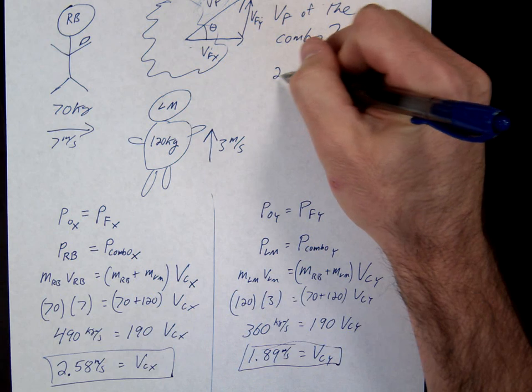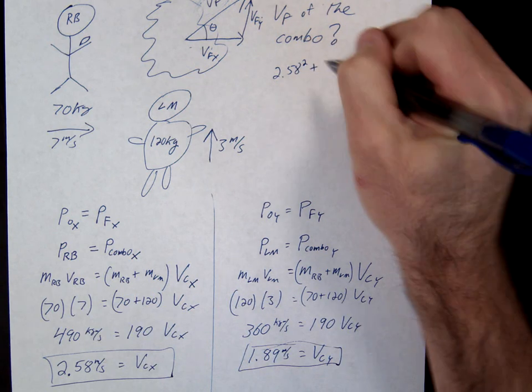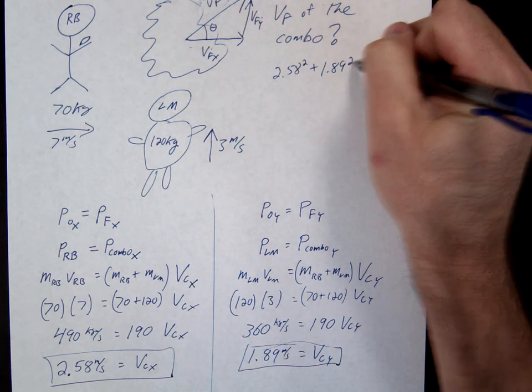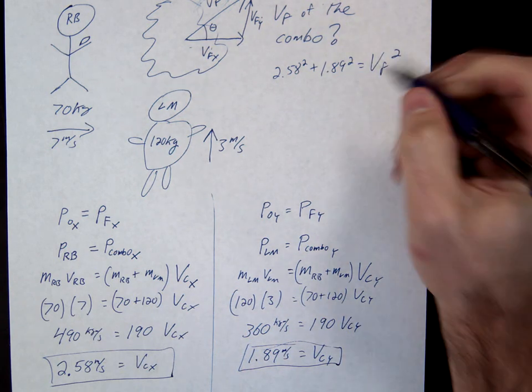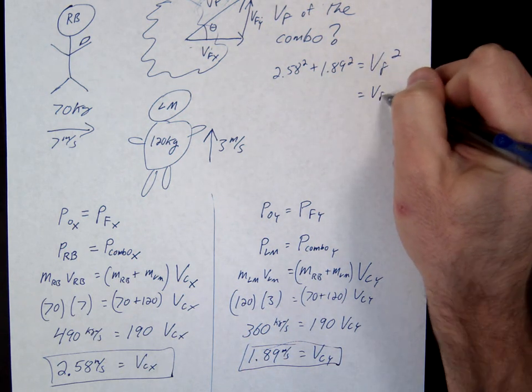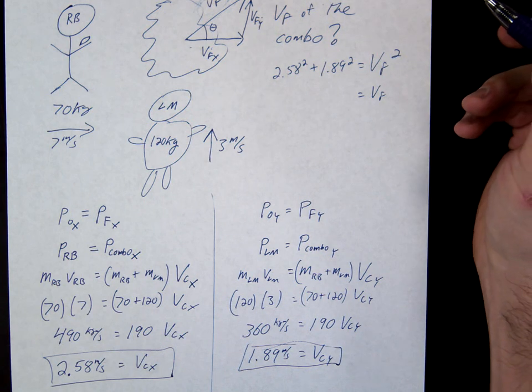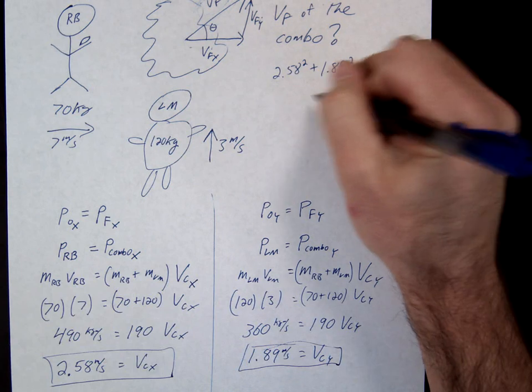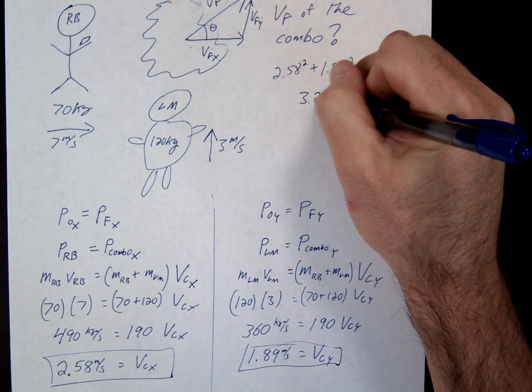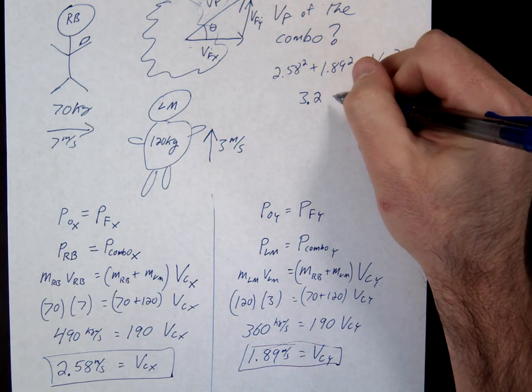So 2.58 squared plus 1.89 squared equals v final squared. About 3.2.